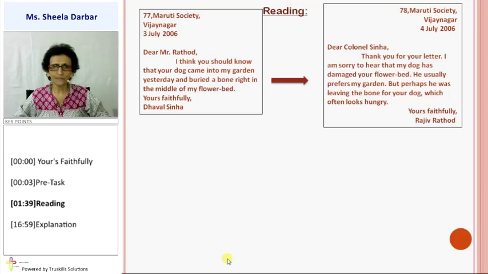Second, he is also saying sorry for the dog's act. The third one, he is making a suggestion that the dog is leaving a bone for Mr. Sinha's dog, which looks very hungry.